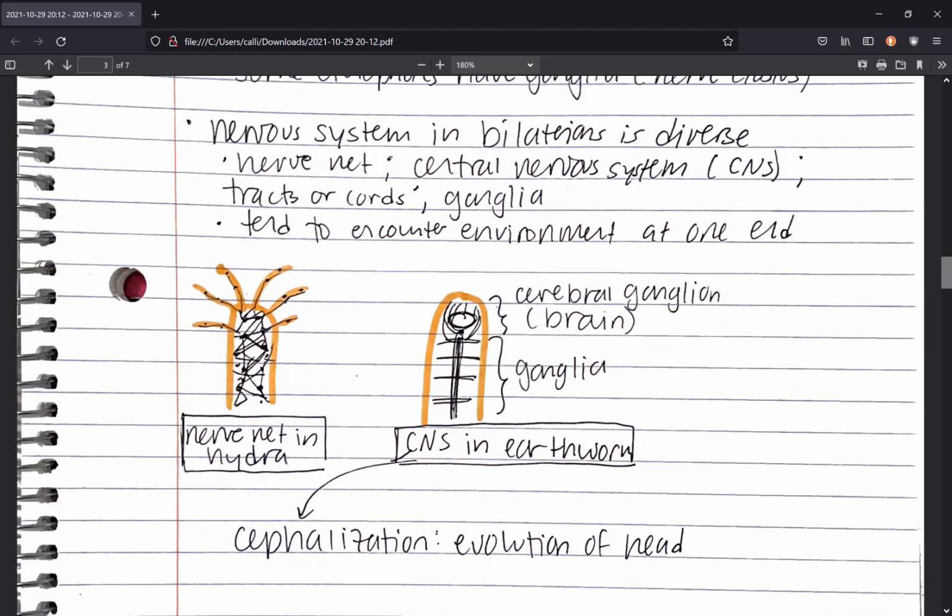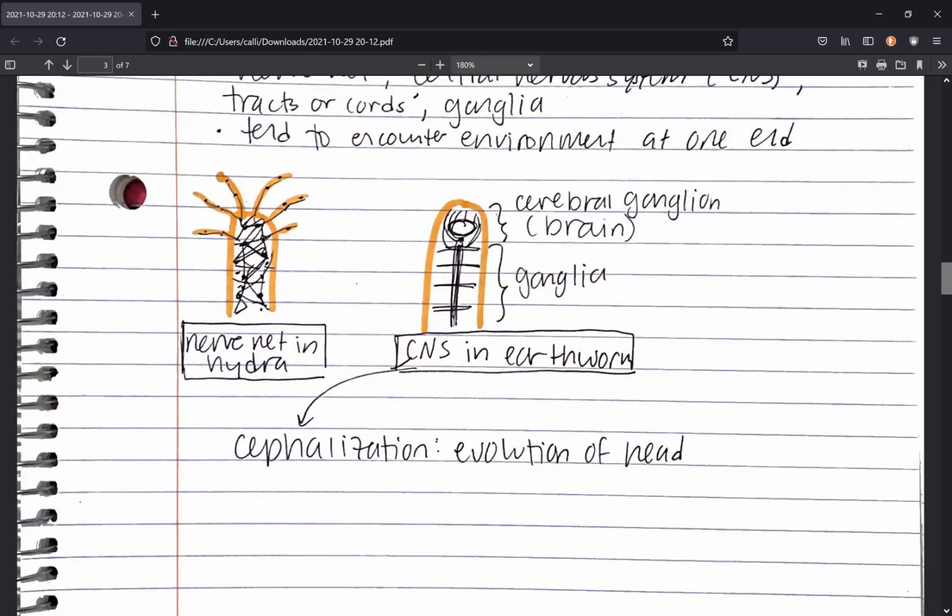Their nervous system could be arranged in tracts or cords, and they could have nerve clusters, aka ganglia. And because bilaterally symmetric animals tend to encounter an environment at one end, you will see that the nerve cells will be clustered at that end.